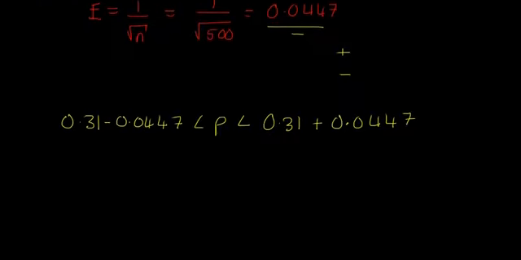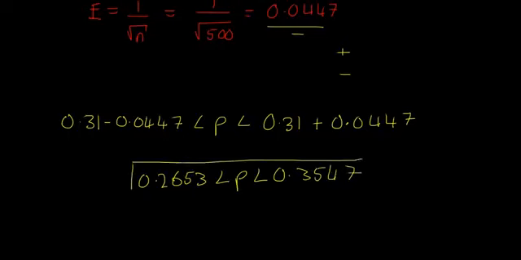So if we put those numbers in, we'll get our confidence interval, which is 0.2653 less than P is less than 0.3547. So that's what a confidence interval is: we can be confident that our value of P, the actual proportion of people that do higher level Irish in the country, is between say 26% and 35%.